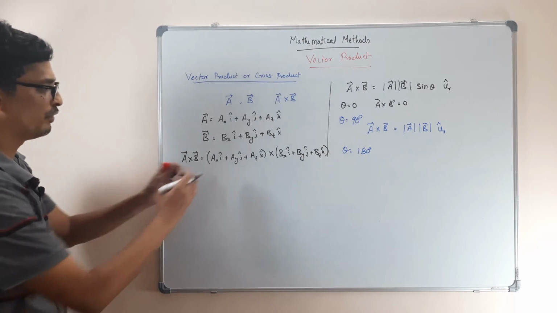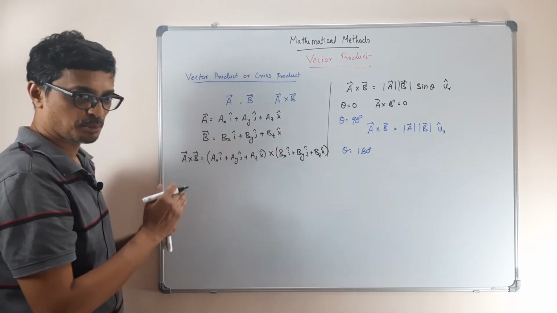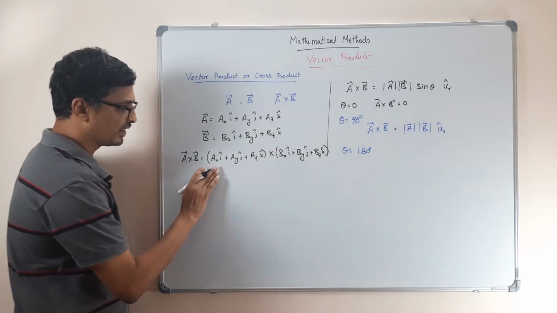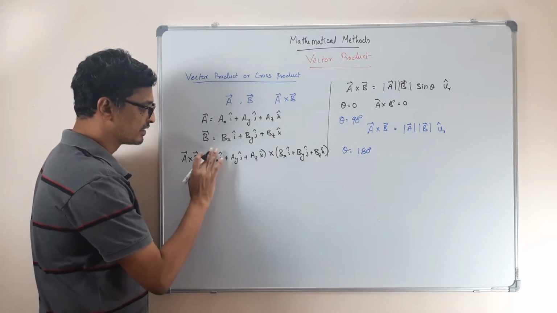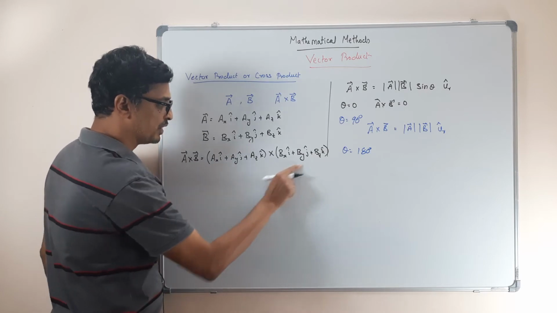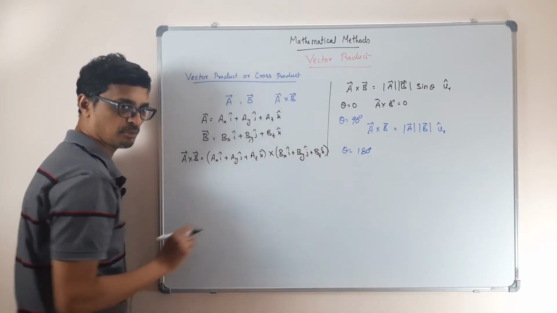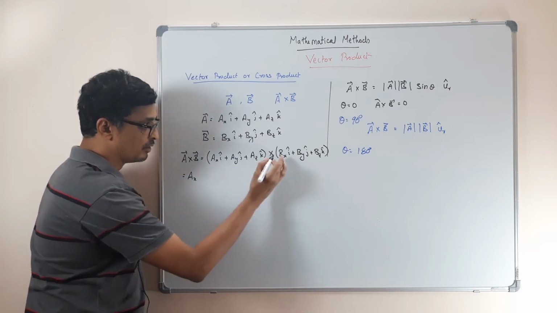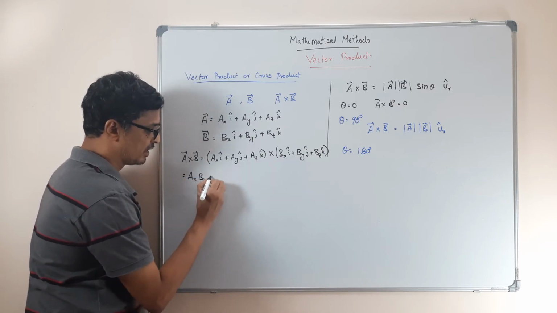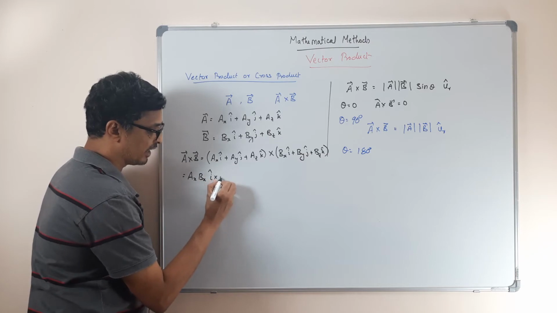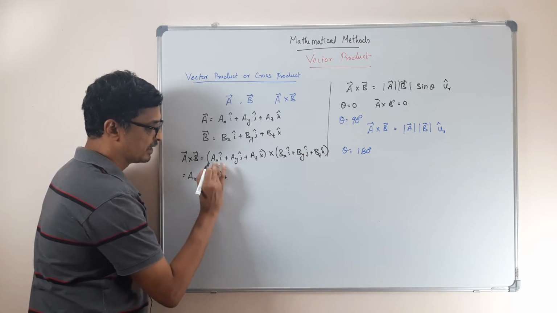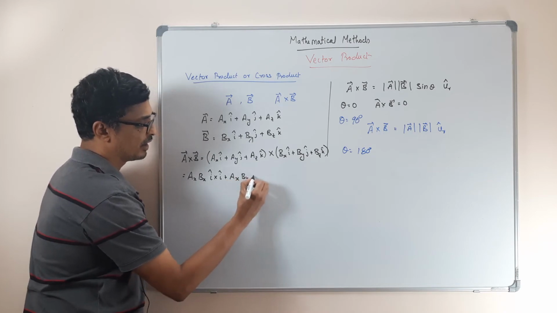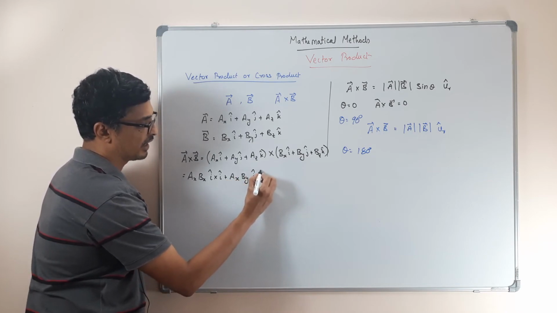Now we know vector cross product follows the distributive law of multiplication, right? So we can write this as this into this, this into this, this into this, same as what we did. So what will happen? AX BX i cap cross i cap plus AX BY i cap cross j cap.